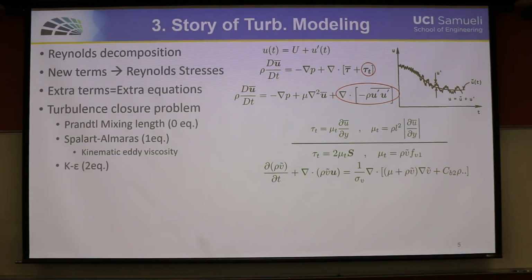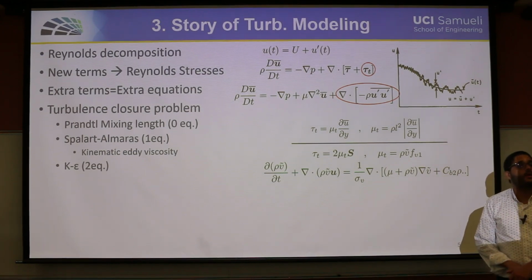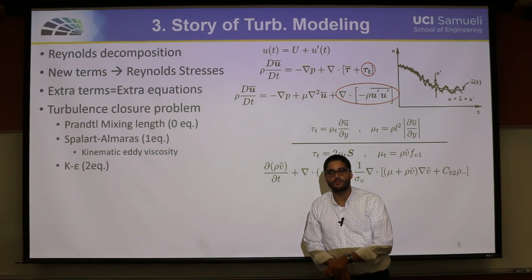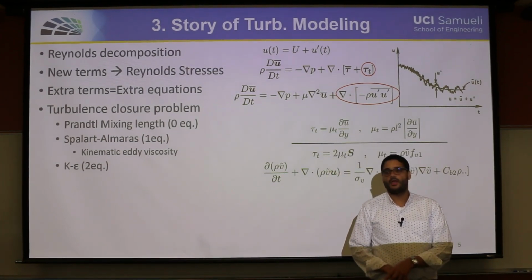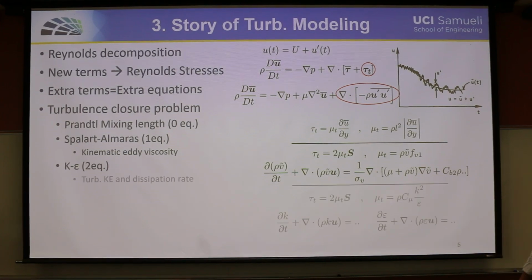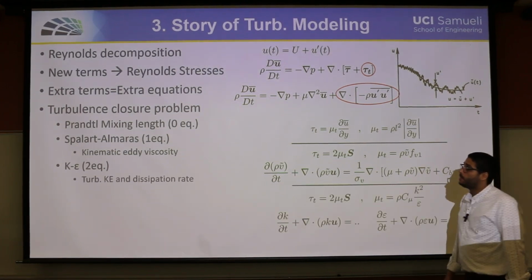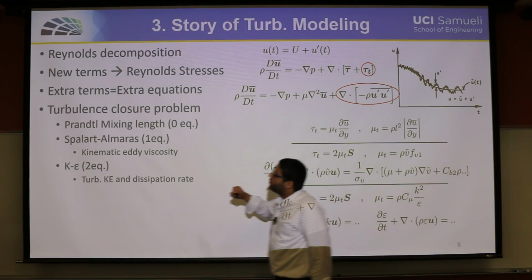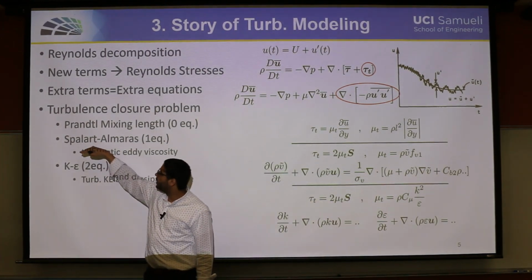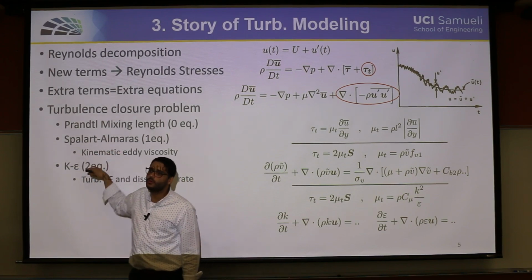The next model is called K epsilon. It was developed by Wilcox, and I think he's still living. He wrote one of the most famous books on turbulence ever, and it's called the Wilcox model, by the way, if you Google it. This model is a two equation model. I would like to mention that there is a big leap between the one equation models and the two equation models.